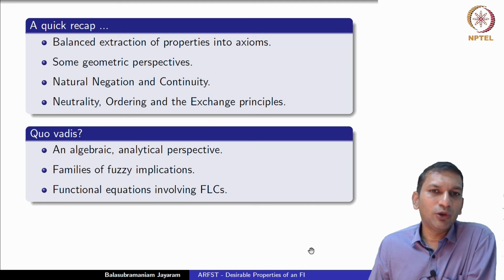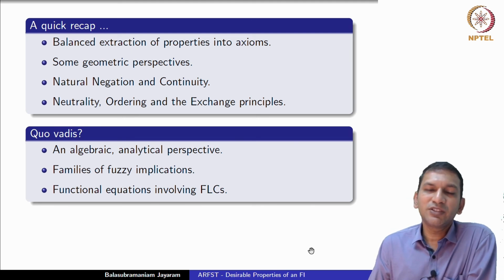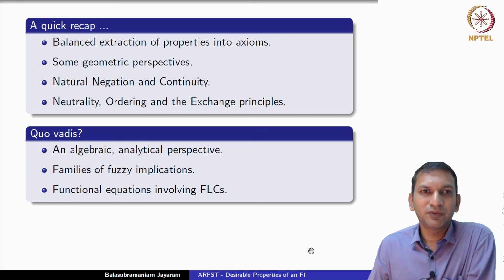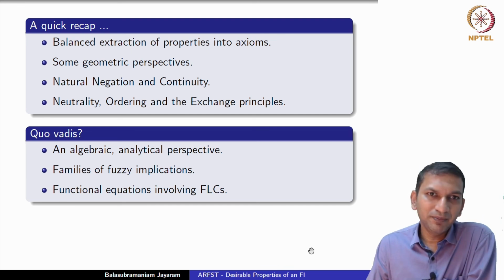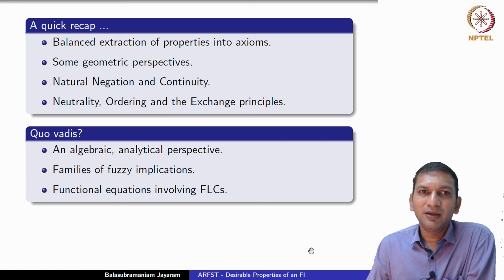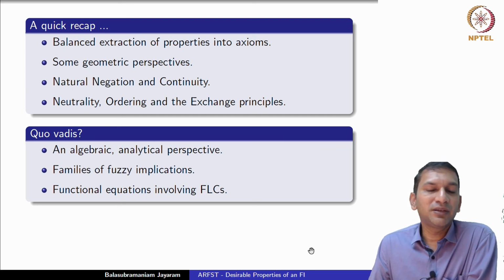And finally, we will also see some functional equations involving fuzzy logic connectives, mainly implications. We will only look at them from a theoretical perspective. There are many of them, but a few of them in a very introductory way. But all of these will have a bearing later on when we discuss properties of the approximate reasoning schemes that we will discuss later.